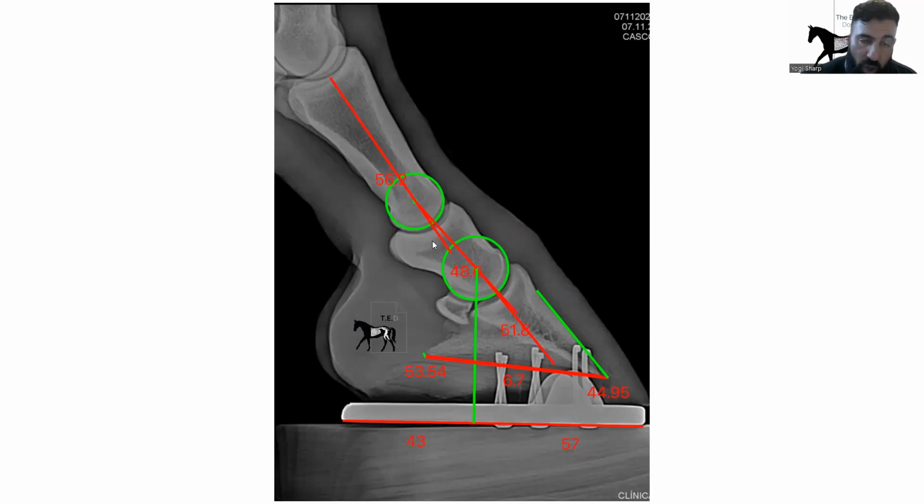And with the new template, you could use that one to tell you that angle without having to subtract them from one another. We can use HoofmApp to mark up our radiographs really nicely and accurately, and it tells us the information that we want as farriers or owners.